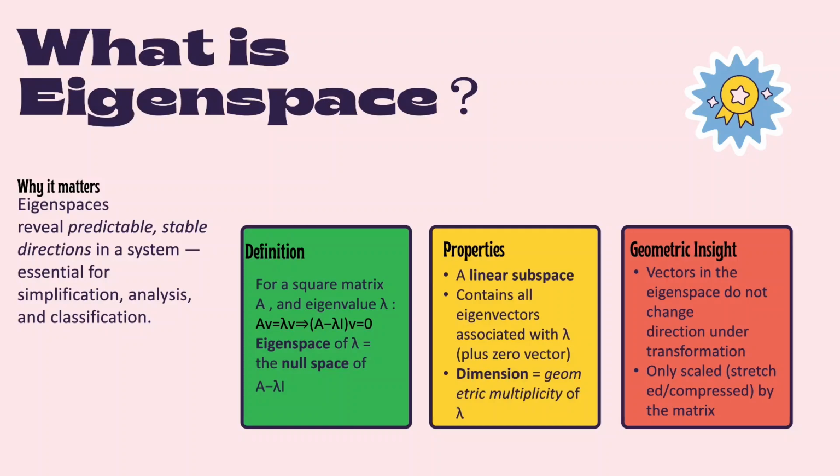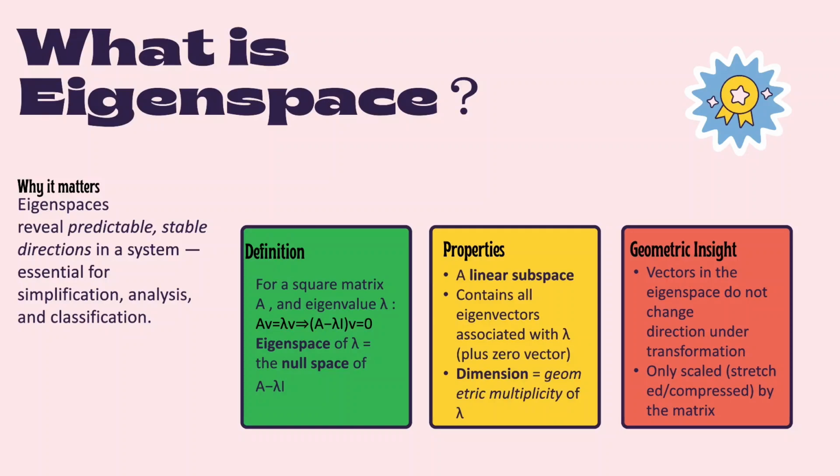Let's start with the formal definition. Given an n by n matrix A, if a non-zero vector v and a scalar lambda satisfy A times v equals lambda times v, then vector v is called an eigenvector, and lambda is the corresponding eigenvalue. Now the eigenspace of lambda is the set of all vectors v that satisfy the equation, including the zero vector.